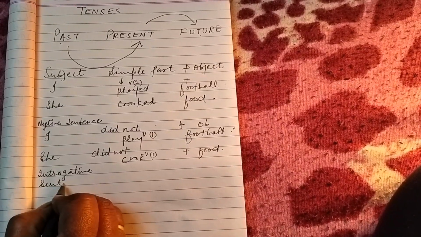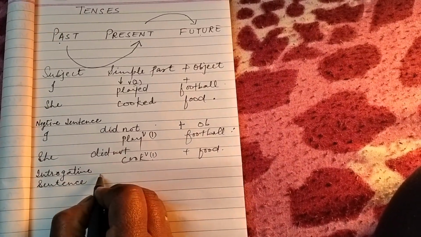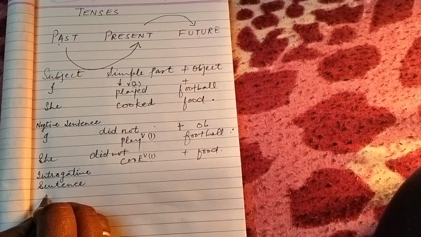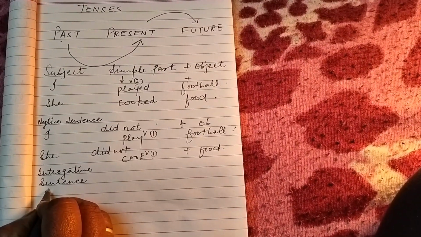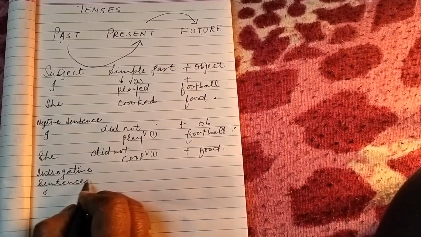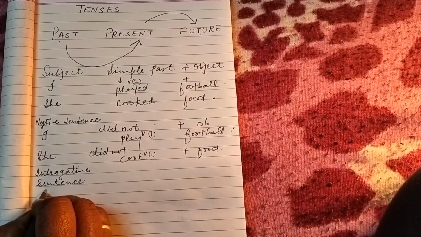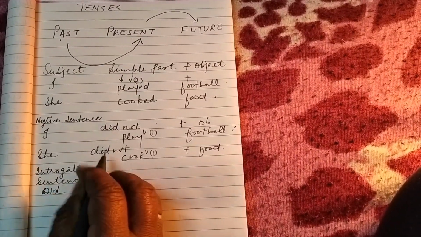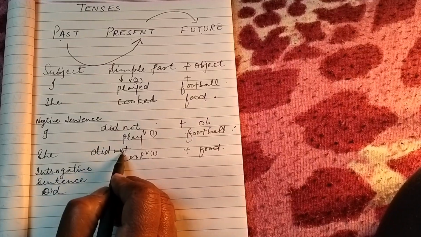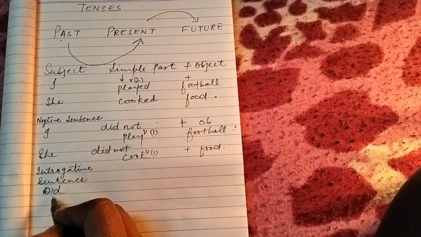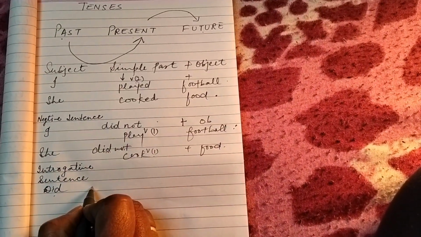Here, subject I. First of all, we have to start the sentence with did. In negative sentences, did not, but here we have to put did first.